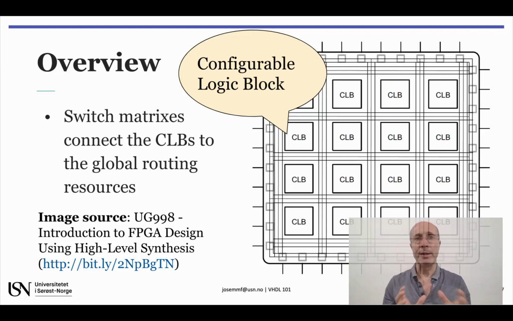Xilinx provides two main documents of interest with respect to understanding how an FPGA works, one of them being referred to in this slide as the source of the image shown. I find the other one, which will be referred to later, preferable, just in case you decide to read them.